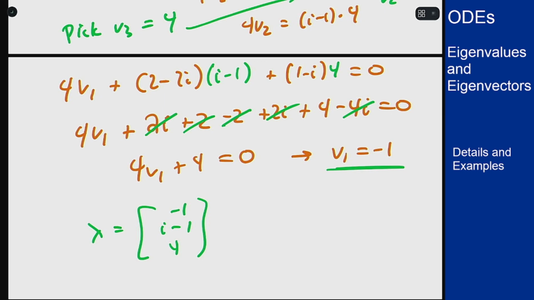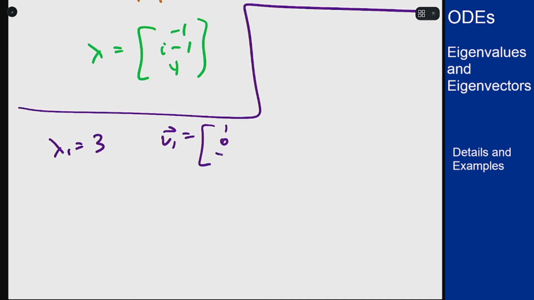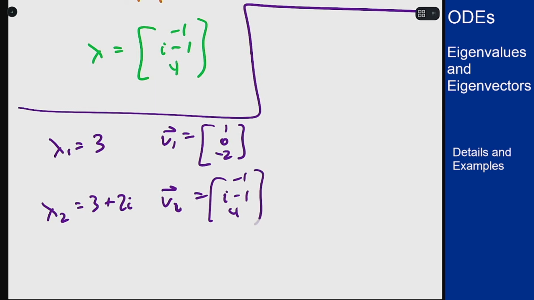So to collect our answers, we have lambda 1 is the real eigenvalue of 3, with eigenvector 1, 0, minus 2. We have the first complex eigenvalue 3 plus 2i, the one we actually solved for, which has eigenvector given by negative 1, i minus 1, and 4.